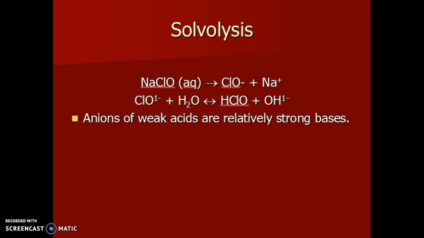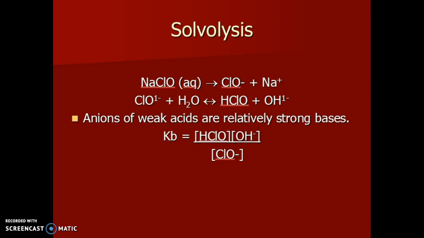So it's going to pull a proton away from the water, forming hypochlorous acid and hydroxide ion. Because hypochlorous acid is a weak acid, it cannot fully dissociate again, and therefore does form and creates its own equilibrium. In the process, it's going to leave behind a lot of hydroxide ion and actually change the pH of the solution. It'll actually test basic.